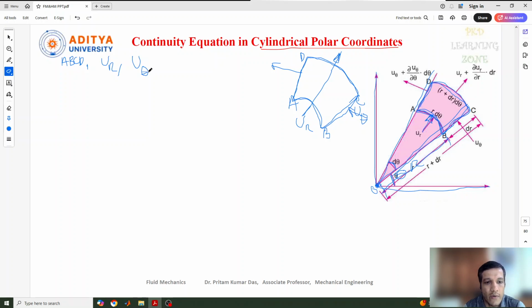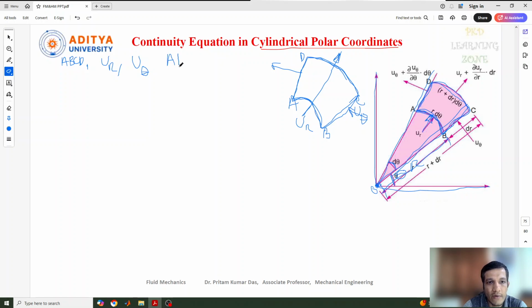Okay, so first we'll identify the sides. What sides are there? AB, BC, CD and AD. Let's find out the length of each side of the element. AB, one side.